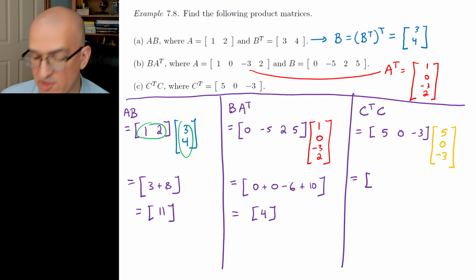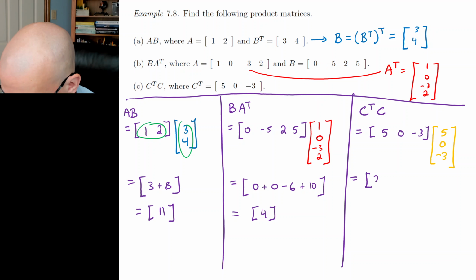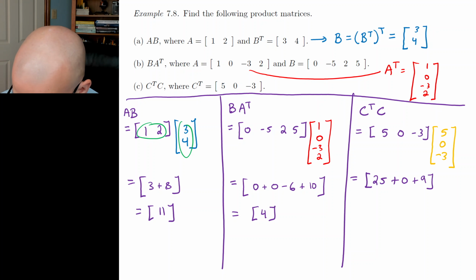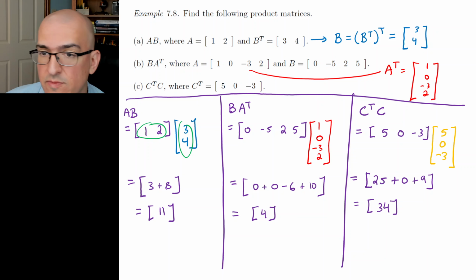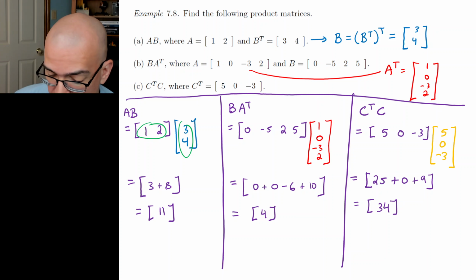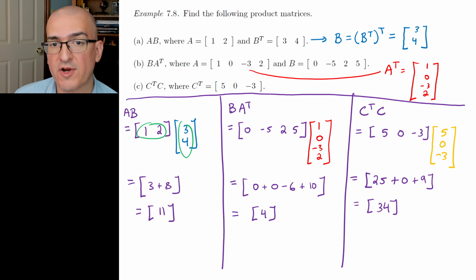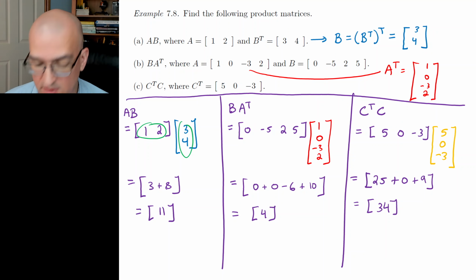So now we do number times number, 5 times 5, 25, plus 0 times 0, plus -3 times -3, so positive 9. And we have a single element matrix, 1 by 1 matrix, whose entry is 34. Again, every time we do a row times a column operation, what comes out is a single entry matrix, 1 by 1 matrix.